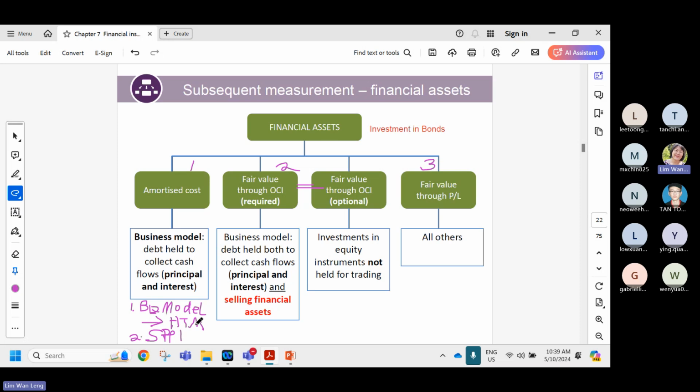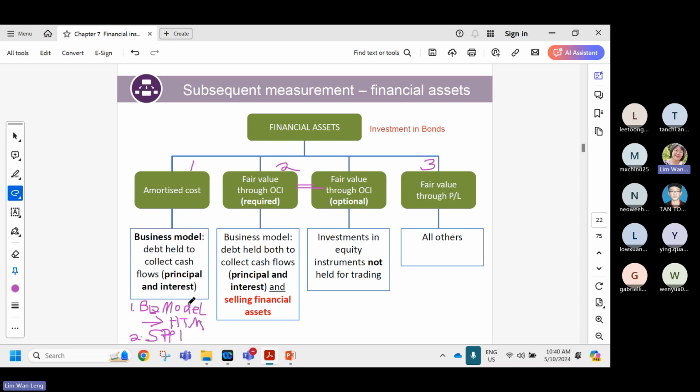One is the business model test. The second one is the cash flow characteristics test. Business model says what? When you invest in this particular financial asset, your plan is to hold it until it matures. Let's say maturity is 3 years. That means within the 3 years, you're not going to sell off, but just hold until maturity.